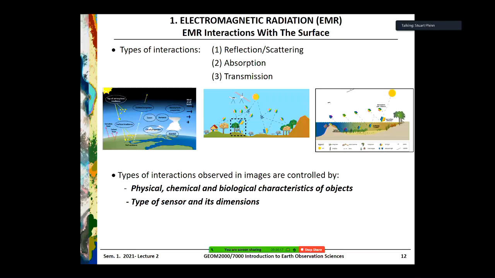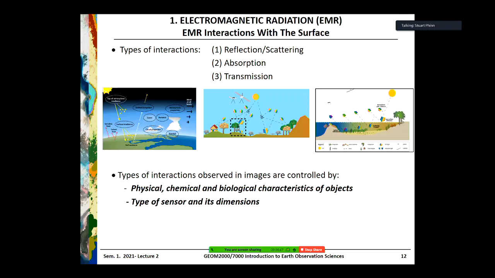So we've got three different environments there. When we look at those environments, or we take images, whether it's of atmospheric features and processes, land surface in terms of soil and vegetation, and water bodies, the colours that we see and the spectral signatures that we see in images are the result of three interactions of sunlight.